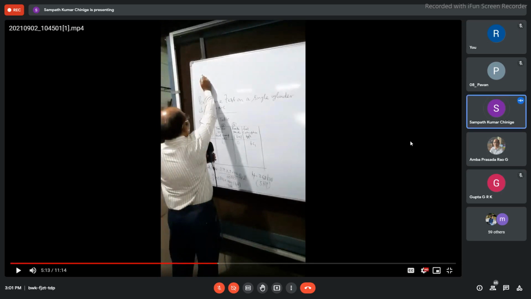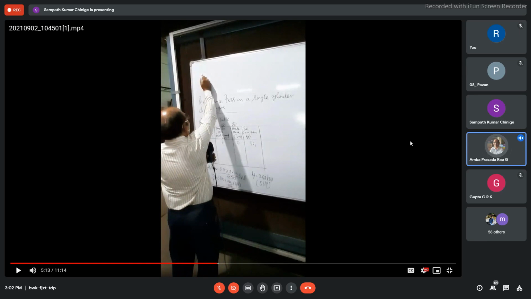The idea behind drawing the fuel consumption versus brake power characteristic is to get the value of the friction power. What is the use of that? That value is very useful because we ran the engine at a constant speed, no? As long as the engine speed is constant, the friction power is also constant.